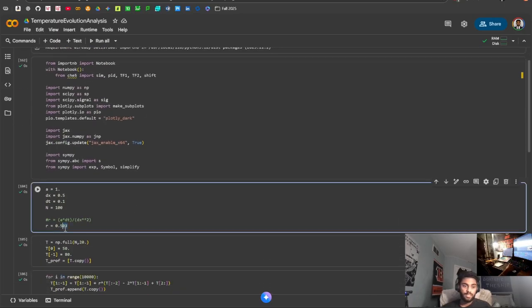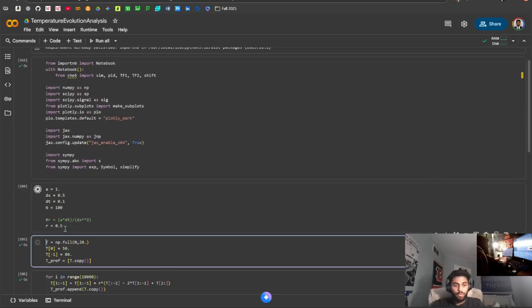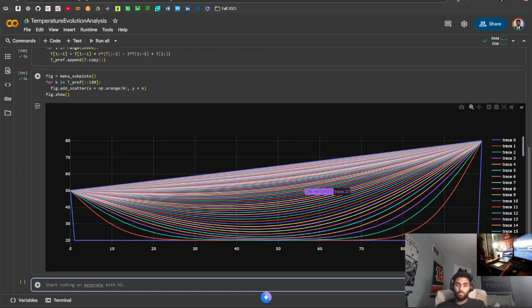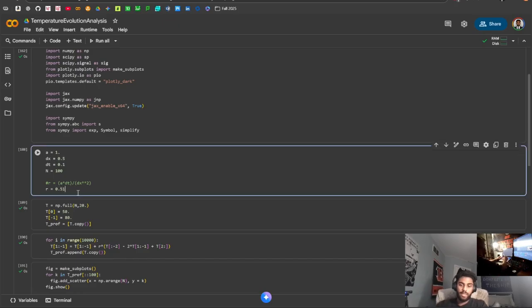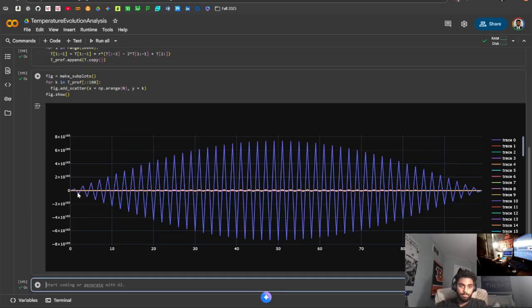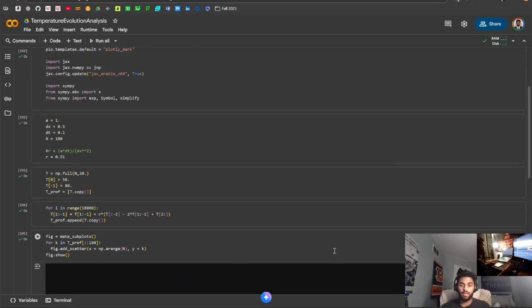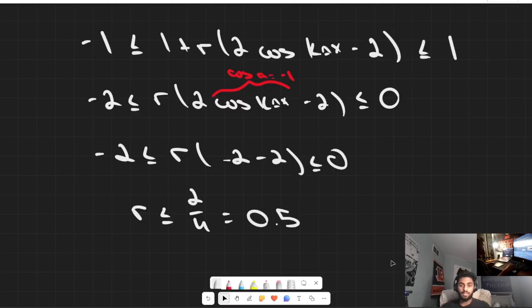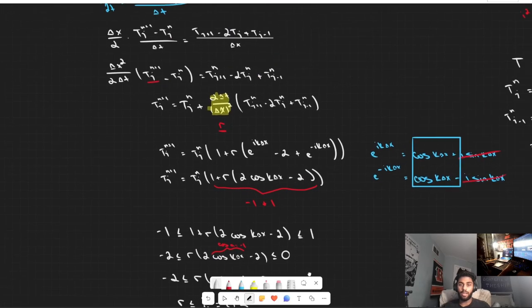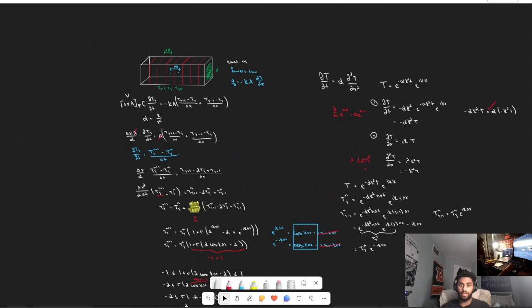We can set this equal to 0.5 without any problems. We still get nice and readable graphs. But the second we cross over that, a whole lot of black magic happens and we're not able to interpret our results anymore. So that's the analysis and the reasoning behind why we have bounded it as such.